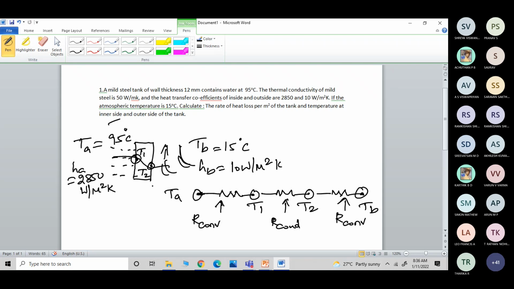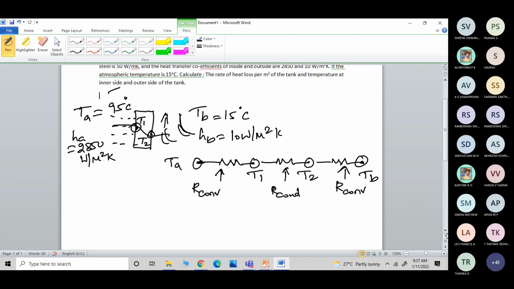If it is given as copper or aluminum, the question itself will mention to take data from the data book. If nothing is mentioned, then as design engineers you have to take the values from the heat transfer data book.